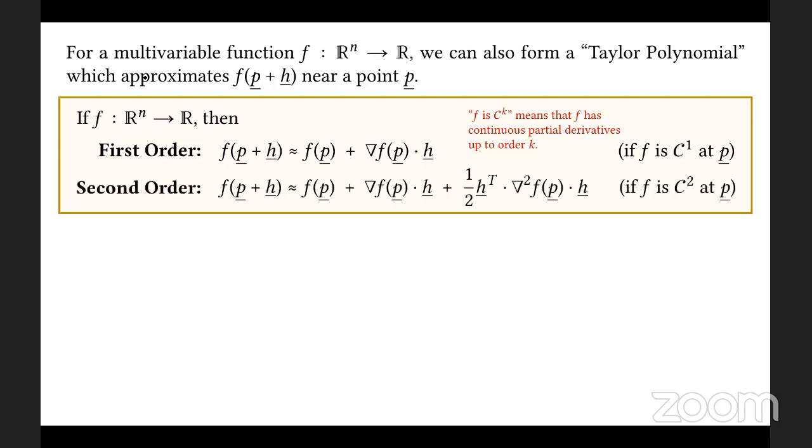And for second order, it's the same thing for the first 2 terms, f at p plus the gradient of f dotted with that displacement vector h, plus 1/2 of this bigger thing, the second order terms. So this here, did I already? Oh, I accidentally moved my slides around right before this, and I think I moved this before the matrix of partial derivatives. So my bad. But this here is the matrix of partial derivatives.